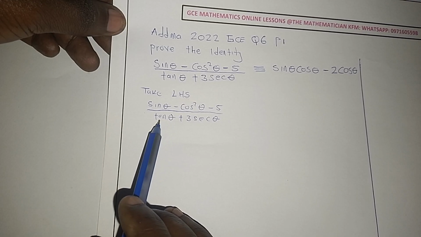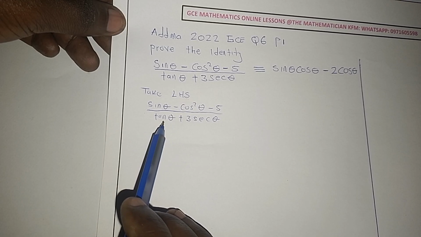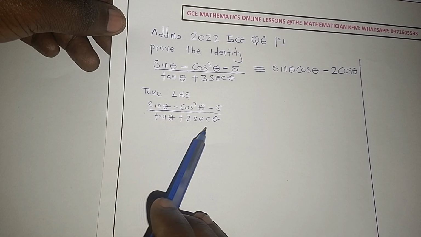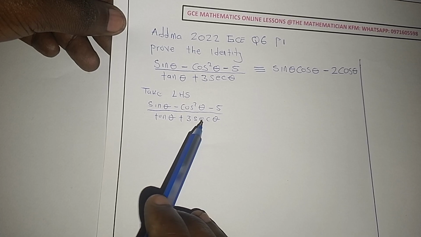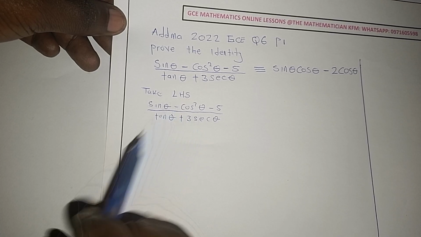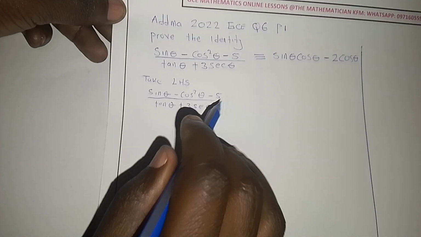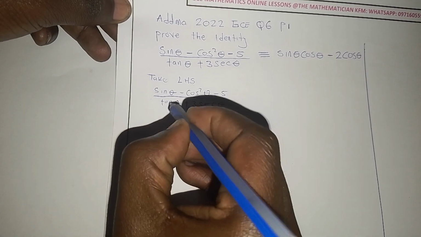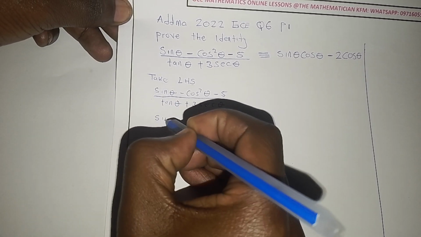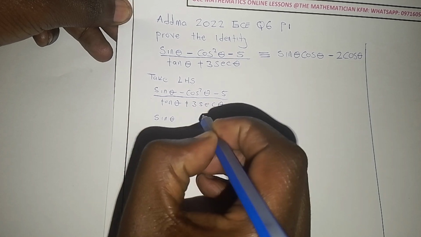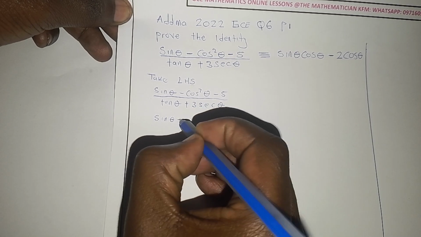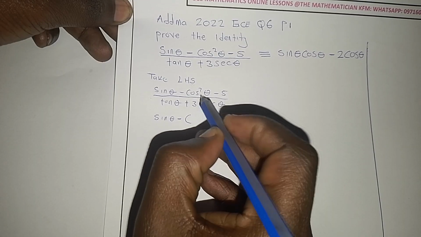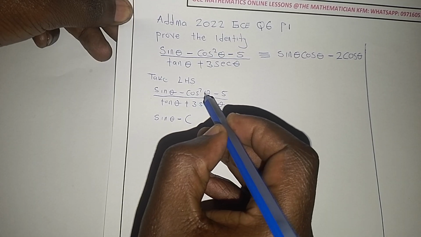As you can see, tan can change into sine and cos. Also, secant theta can change into cos. I have sine theta, then this is the Pythagorean identity, so we have minus cos squared theta.